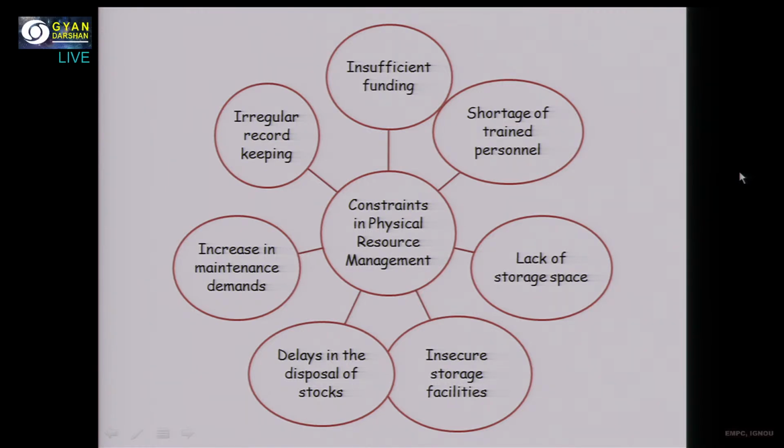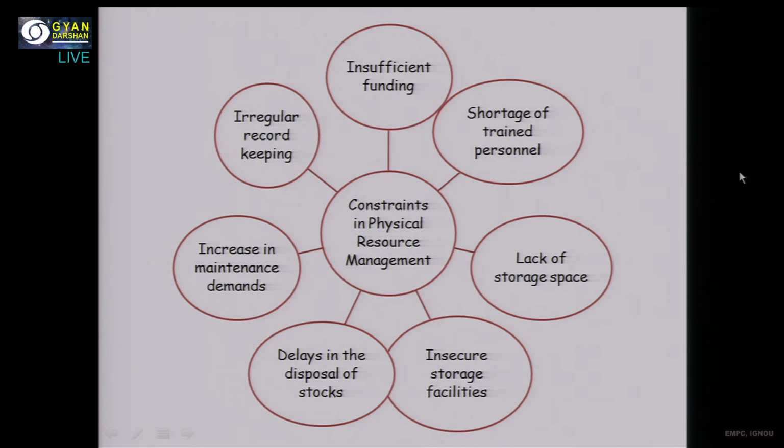And coming to the constraints in physical resource management, there we can see the main points such as insufficient funding, shortage of financial trained personnel, then lack of storage space, insecure storage facilities, delays in the disposal of stocks, increase in maintenance demands, irregular record keeping. So these are some of the constraints when we are taking into account the physical resources.